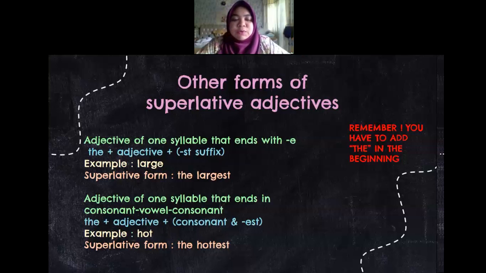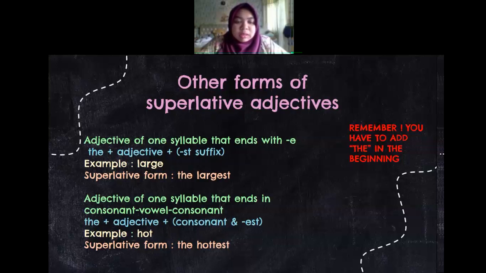Okay, thank you. Next, moving on to adjectives of one syllable that end in consonant, vowel, consonant. For example, hot. Hot ends with a consonant. So when we want to form the superlative adjective of hot, you need to double the consonant at the end of the word.